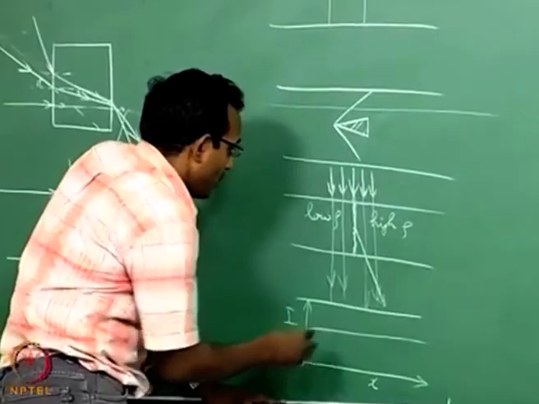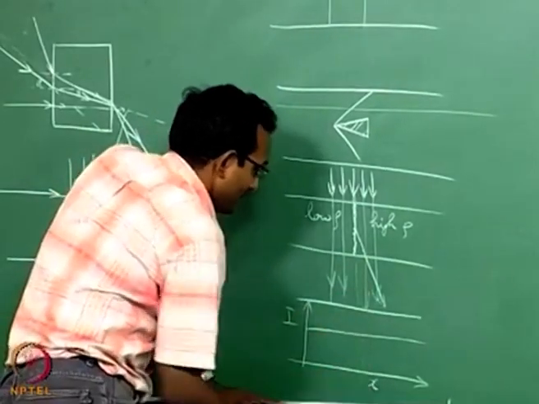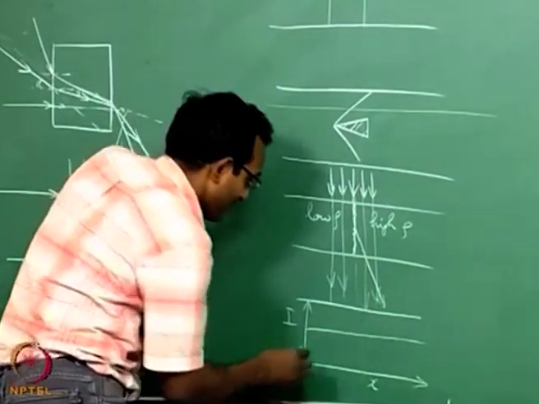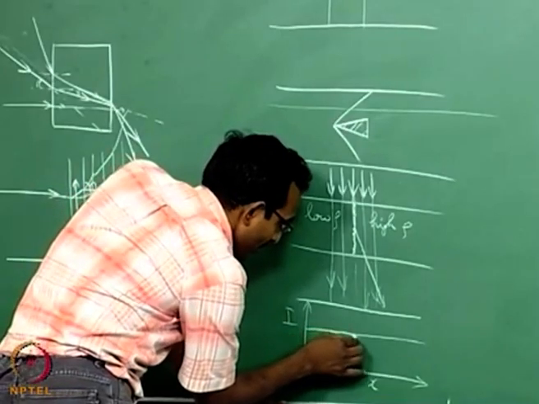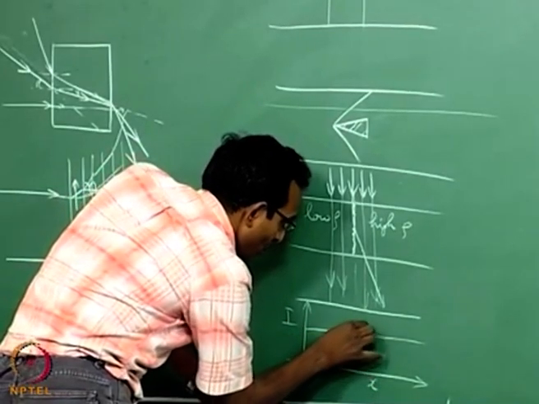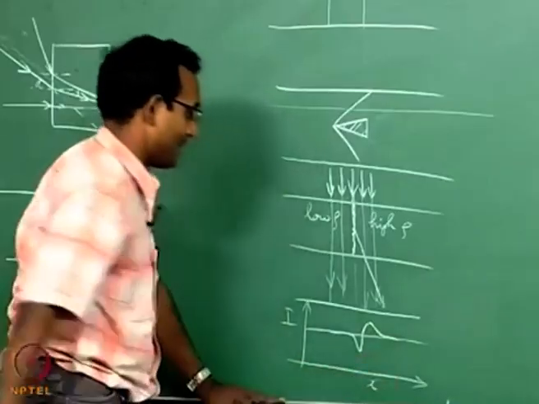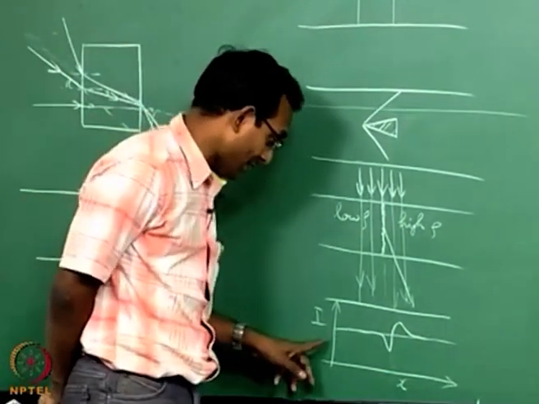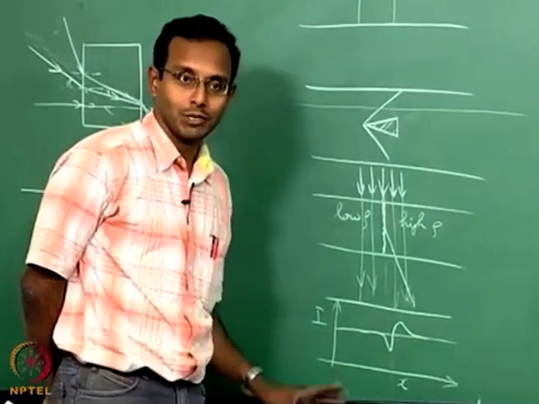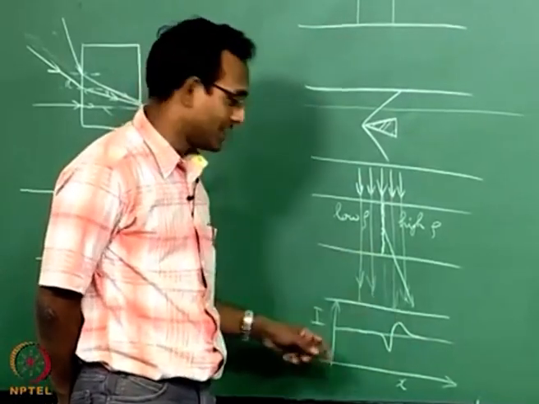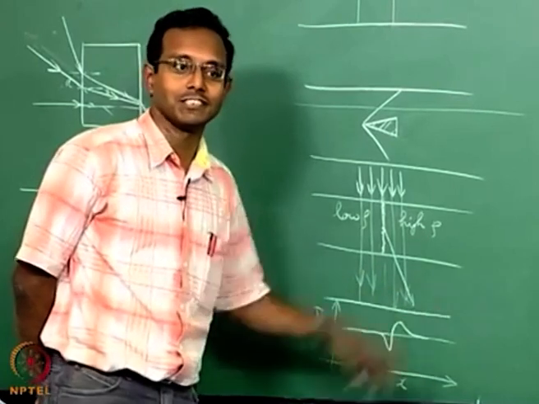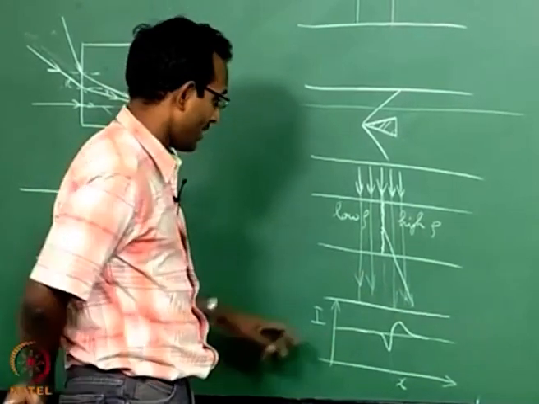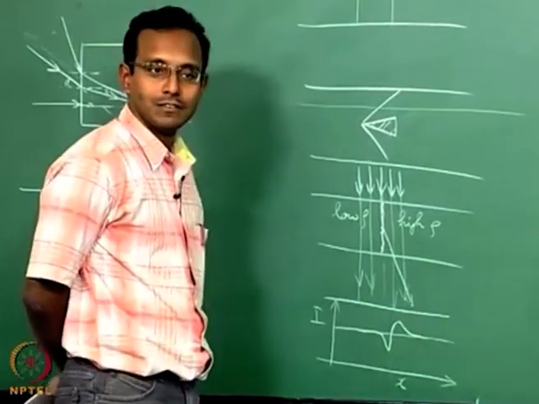Now, because there is a shock at this location, I am going to have a condition where it will be low and high somewhere else. Okay. Remember that the net integral of light intensity should be the same, because it is the same amount of light that is coming, it is just rearranged inside here. Okay. And you will get something like this.